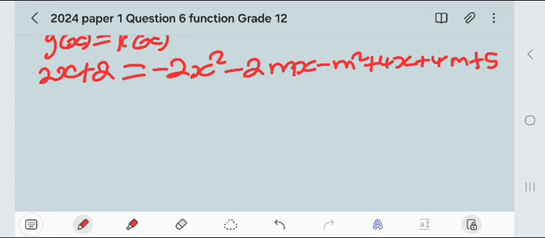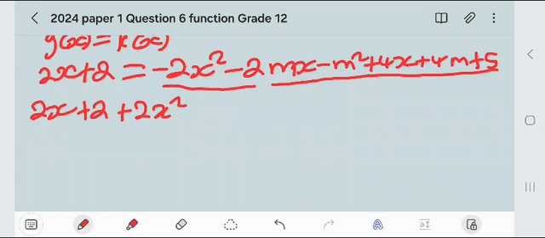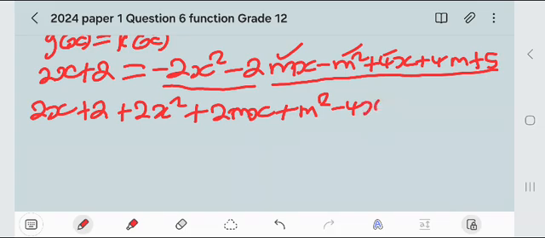We can take all of these and transpose them to this side. If you transpose that, you'll have 2x plus 2. Transposing this will be plus 2x squared, and also transposing that will be plus 2mx. Then transposing this will be plus m squared, and that will be minus 4x.